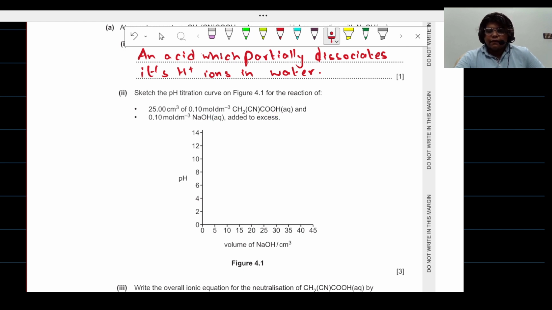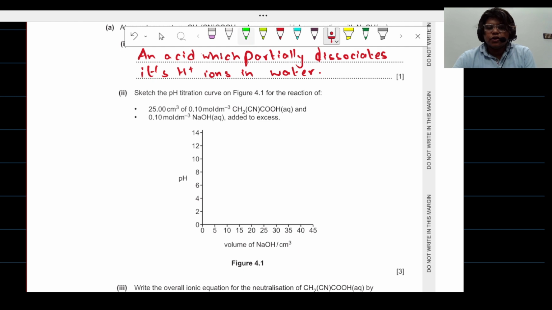So if we have 0.10 mole per decimeter cube and the volume is 25 centimeter cube, the end point would be reached at the same volume, because the stoichiometric ratio between them is 1:1, right? Because we sketch the titration curve, we are adding NaOH. This means in the conical flask we have the acid, and from the burette we are pouring down NaOH.